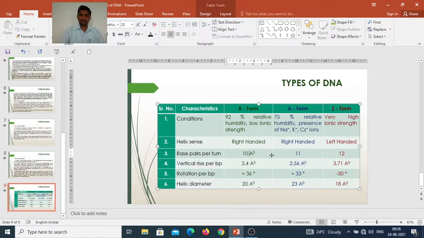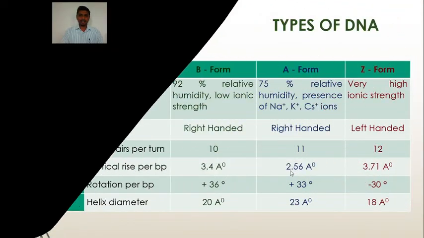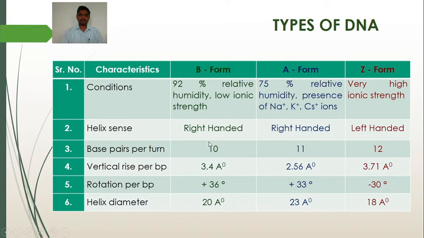So 10, 11 and 12 nitrogen bases per turn exist in the B form, A form and Z form of the DNA respectively.